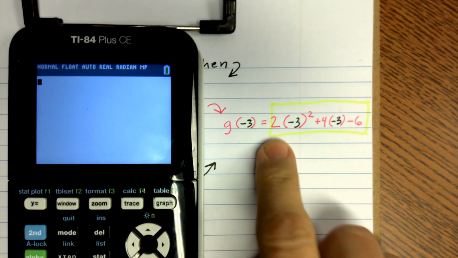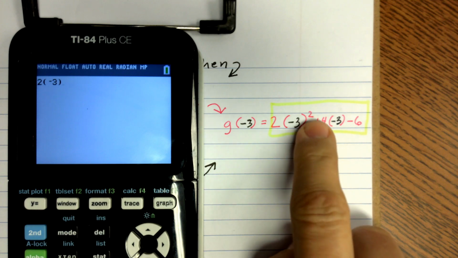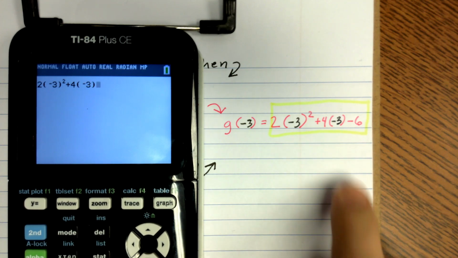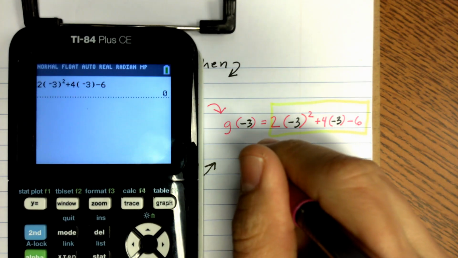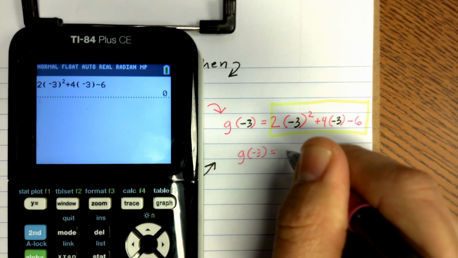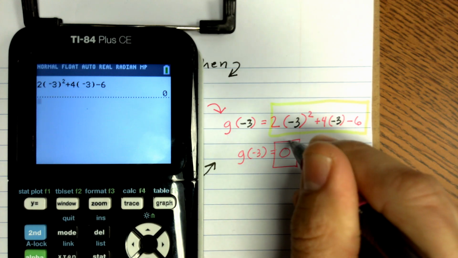So I type 2, parenthesis, -3, close parenthesis, squared, plus 4, parenthesis, -3, close parenthesis, and then -6. And when I hit enter, notice it gives me 0. So what I end up with is g of -3 is equal to 0. So this is my final answer.